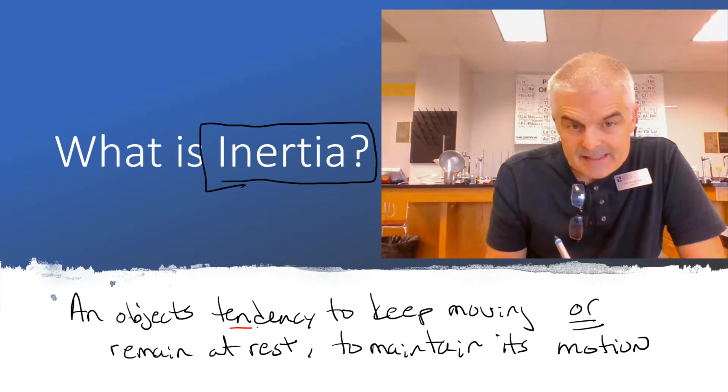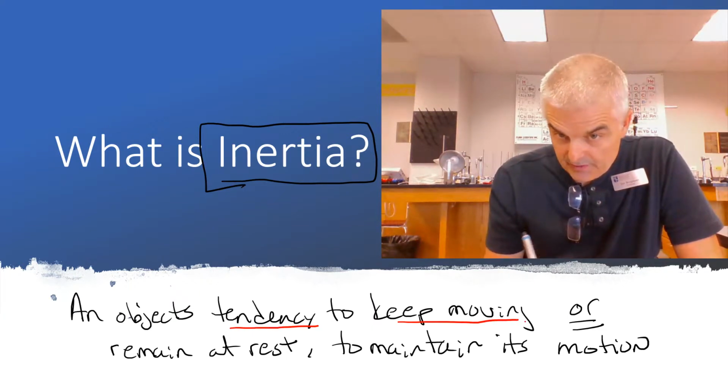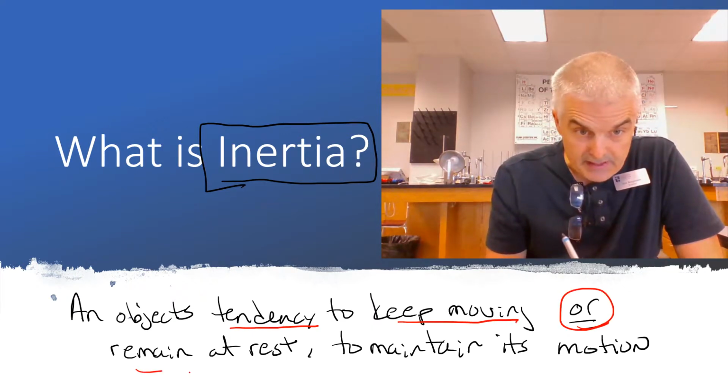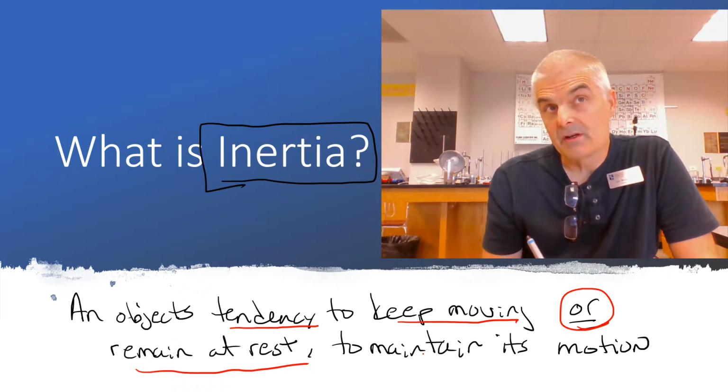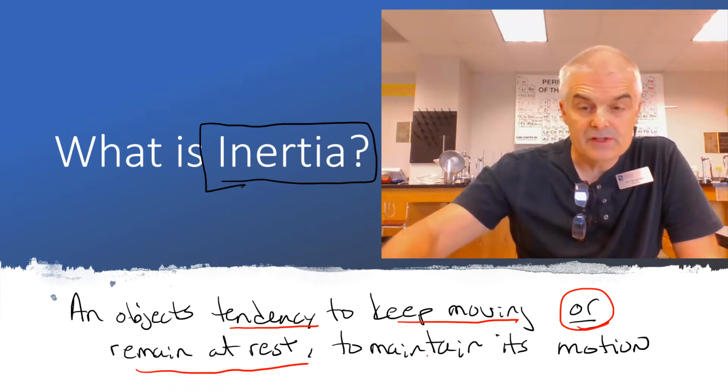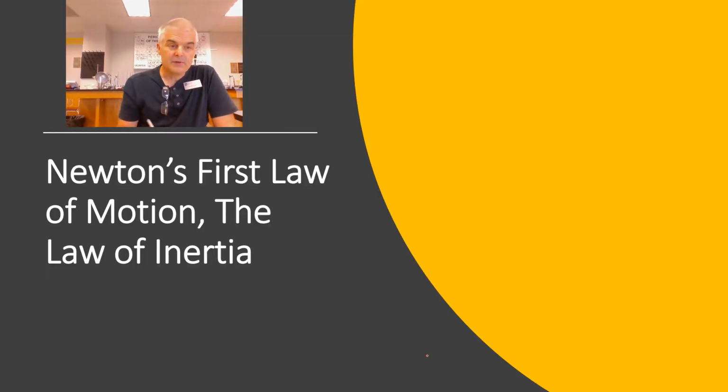An object's tendency to keep moving or to remain at rest, if you will, to maintain its motion. So all objects really keep moving or keep staying at rest, depending. Which leads us to the law.